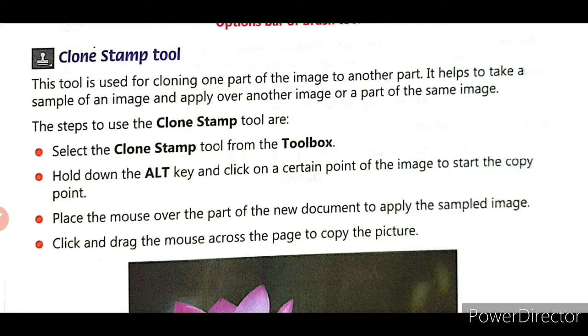See children, the first step we are going to do is select the clone stamp tool from the toolbox. Then a similar step we are going to follow. You are going to hold down the Alt key on the keyboard and click on a certain portion of the image to start the copy point. Which portion you would like to copy, you can just click on the sample image.